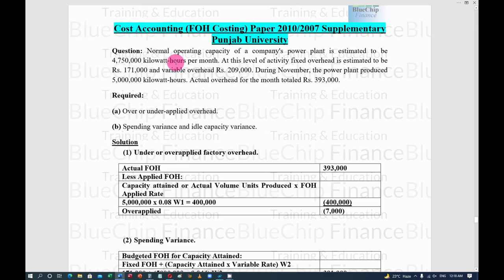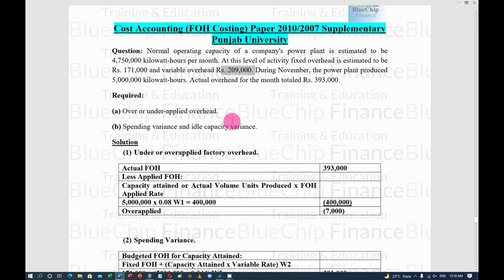So that is budgeted capacity, because it is estimated capacity. So at this estimated capacity, at this level of activity, fixed overhead, which means budgeted fixed overhead, because it depends on estimates, is estimated to be 171,000, and budgeted variable overhead is 209,000.